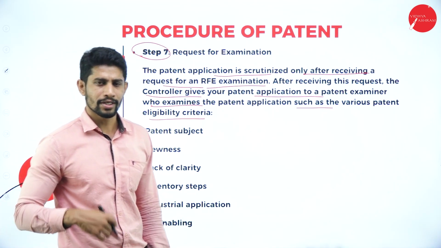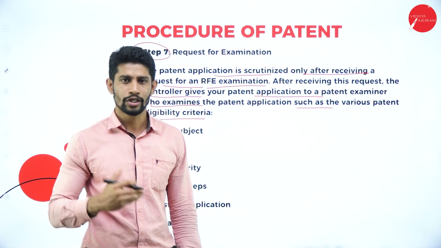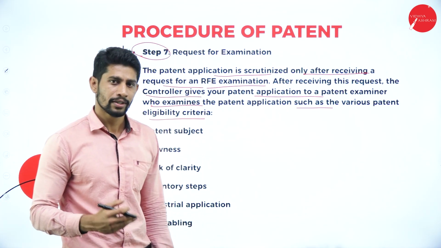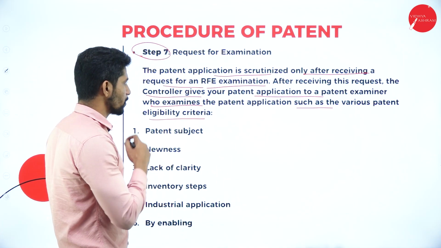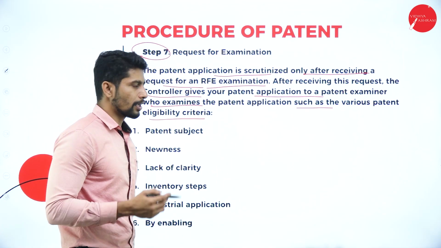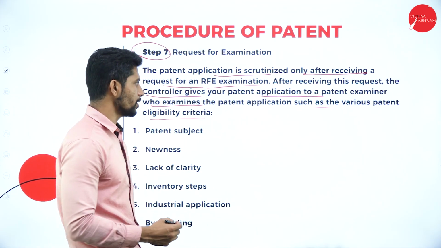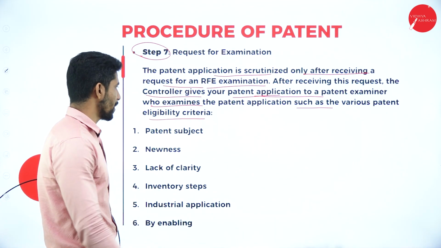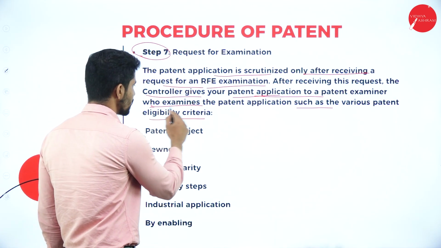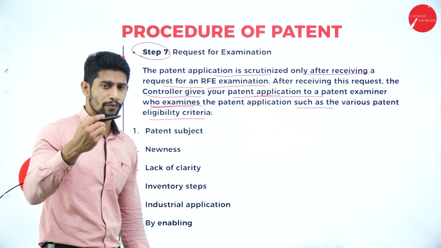So once your application is submitted and the request is received, the person who receives the request sends that application to the patent examiner, who will examine it in a few steps.